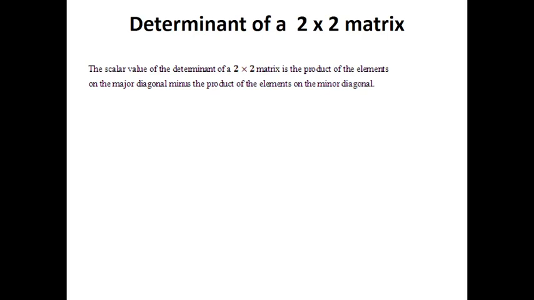The scalar value of the determinant of a 2 by 2 matrix is the product of the elements on the major diagonal minus the product of the elements on the minor diagonal. It is only a scalar value, meaning it has magnitude only, no direction.